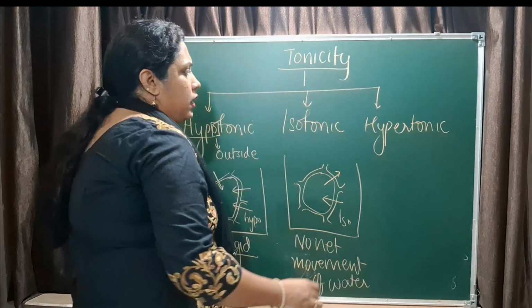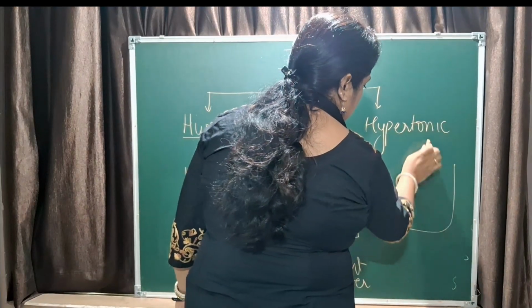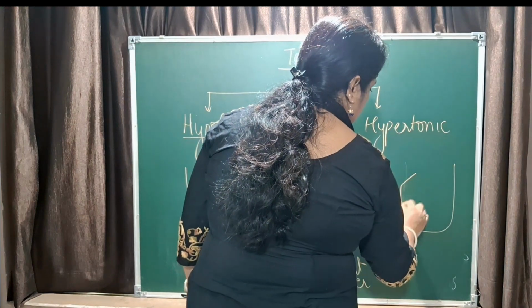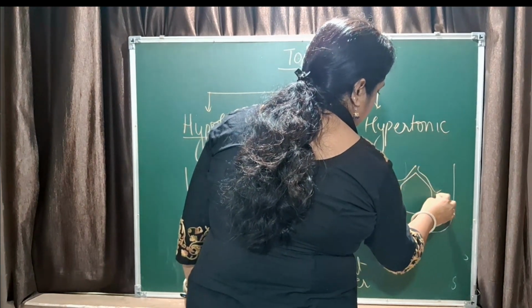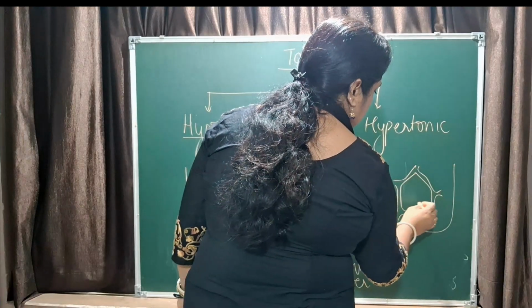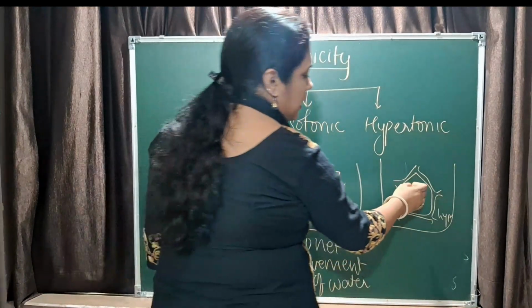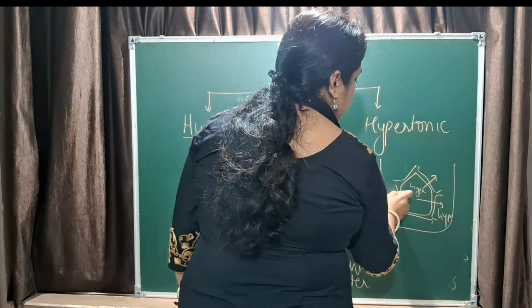Understood? Similarly, when you talk about the hypertonic solution, the cell is present, so water will start moving from the cell. Now this is hyper. As compared to the solution, the cell becomes hypo. So water will start moving out of the cell.